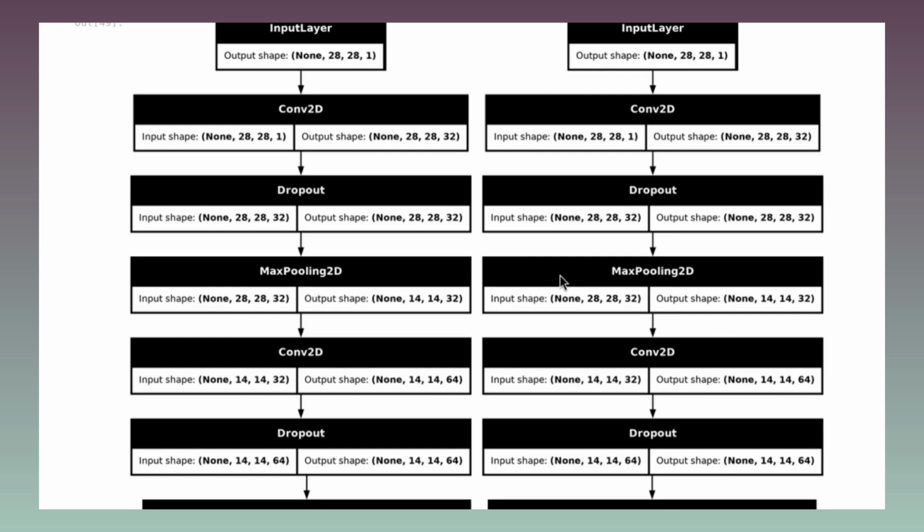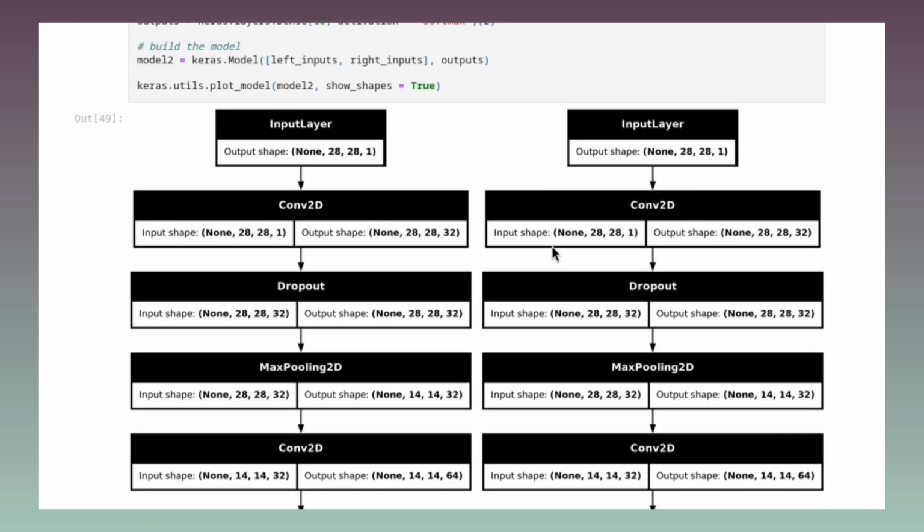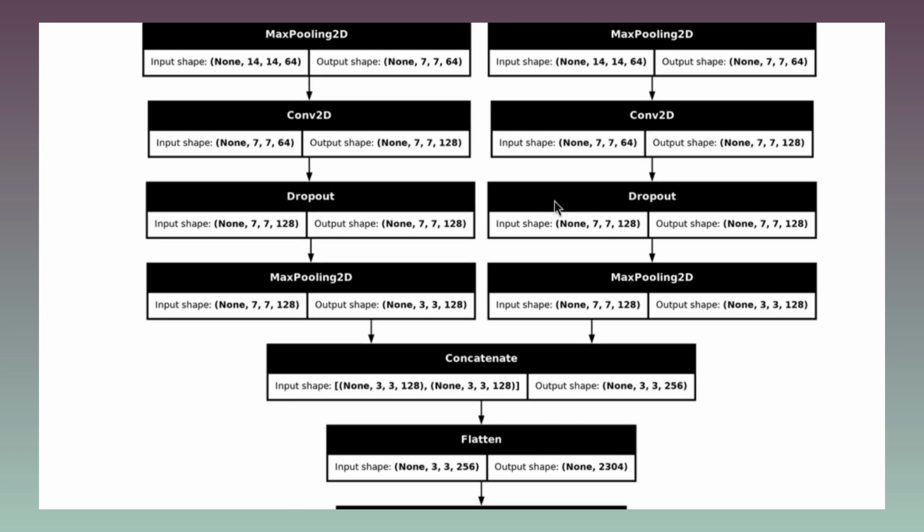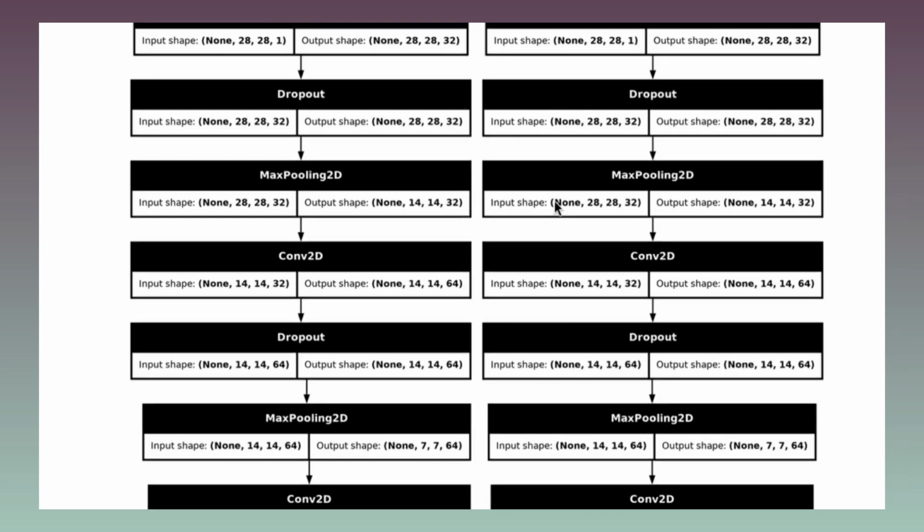And this is something that's inspired from Siamese network. In Siamese network, we share the weights, but right now we are not sharing the weights. We are simply keeping two architectures in parallel, and then we are combining them. It's called a dual input or multi input architecture in TensorFlow, and you can use this in various problems.